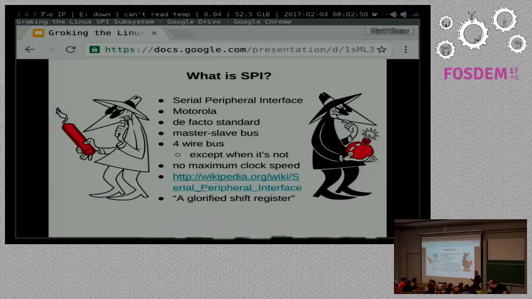But then this really poorly formatted URL is obviously the usual place you can go get some information on it. So if I lie about anything, you can go there and find the truth, hopefully. So, and one of the jokes about SPI is that everybody makes a big deal about it, but at the end of the day, it's just a glorified shift register.